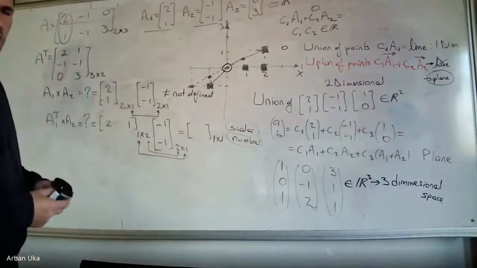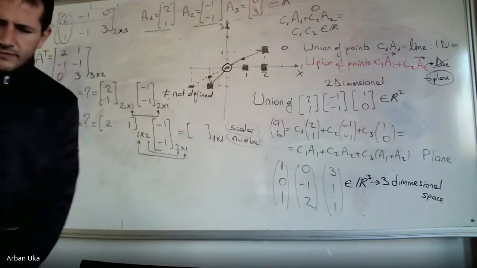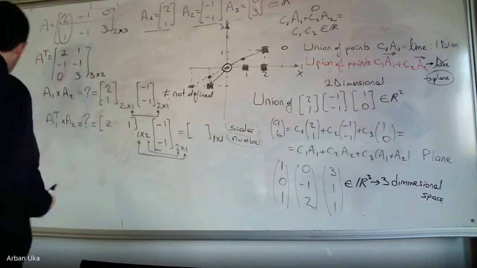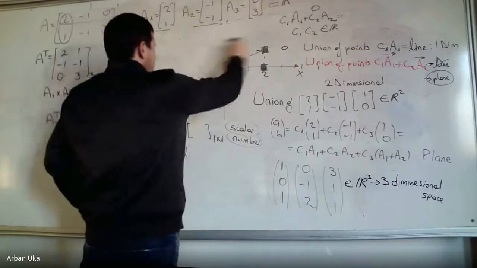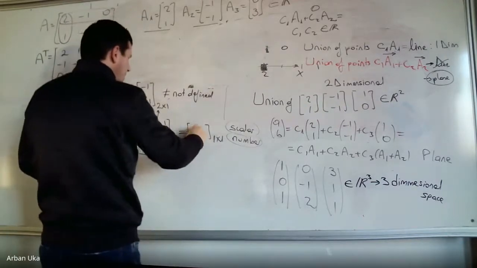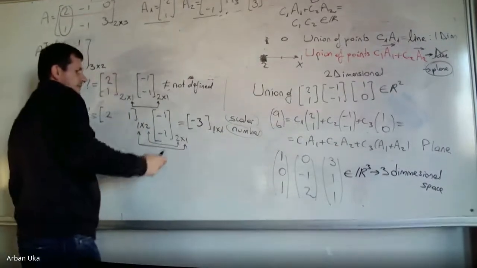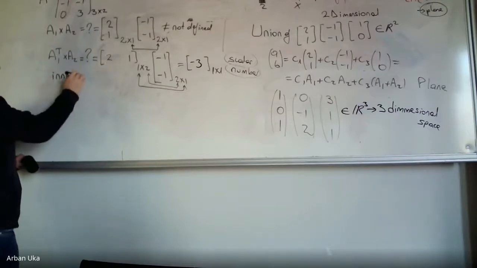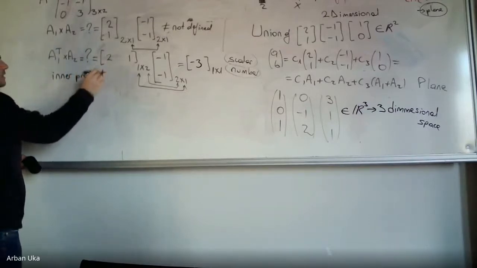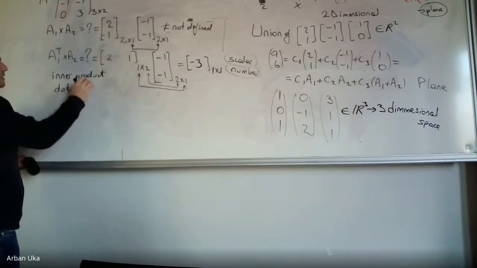When you say your energy bill is 700 kilowatt hours, it's just a number. It doesn't have any direction. So we said that this was not defined, and here you said it's minus 3. That's correct, and this one we call the inner product, or dot product, or scalar product.